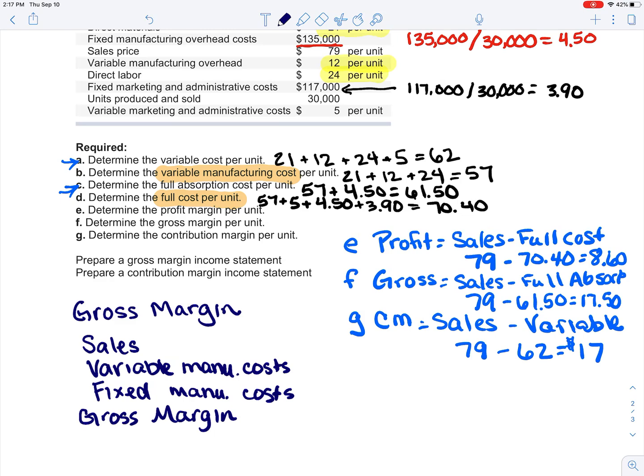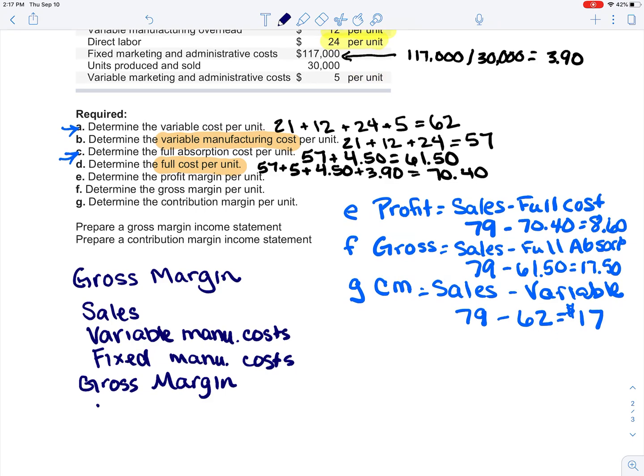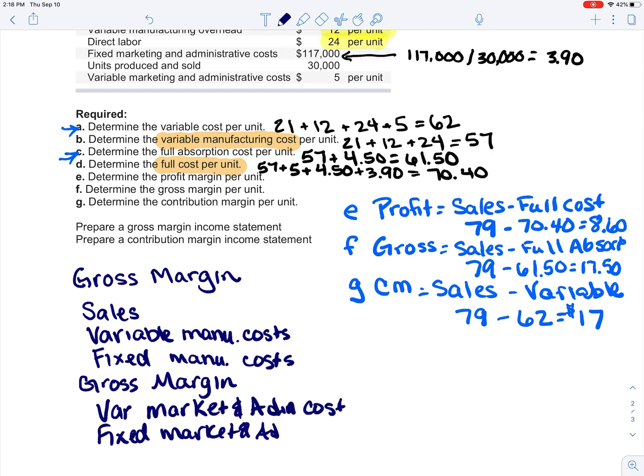Then I'm going to take out my variable selling and admin costs here, so my variable marketing and admin cost, and then my fixed marketing and admin. And so what this is doing is just really breaking out for you what that product is making, and finally taking out those administrative costs to give you that operating profit.